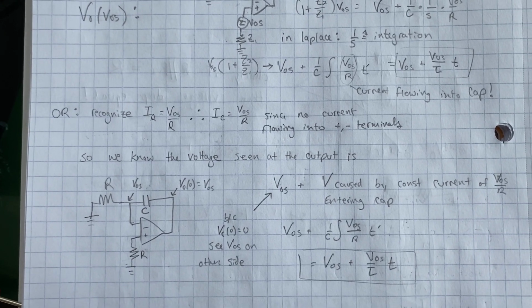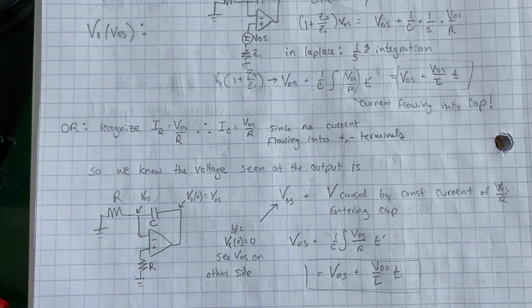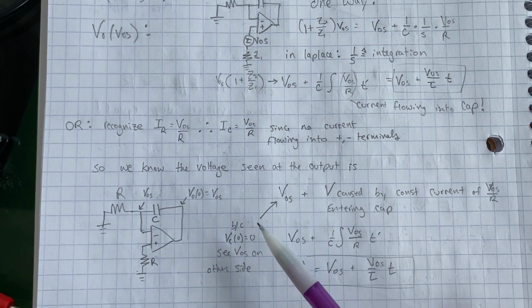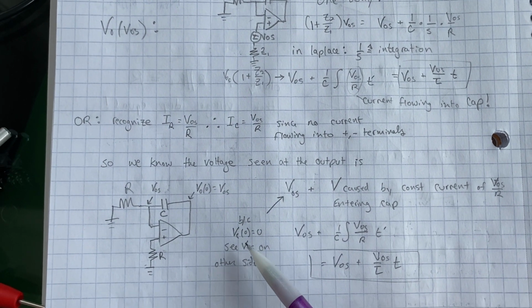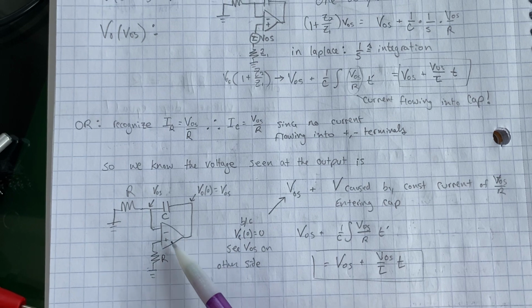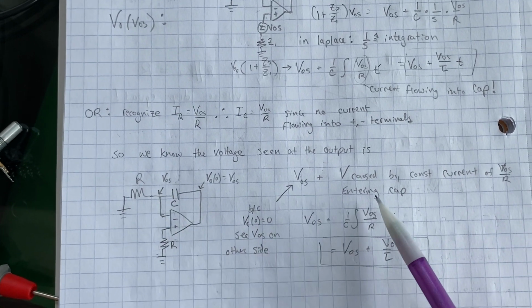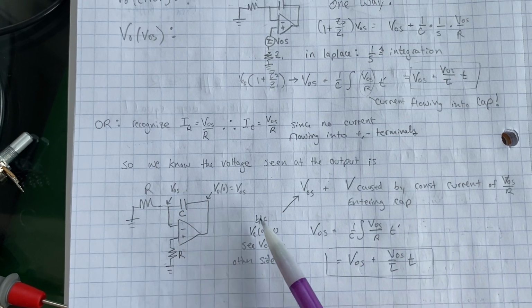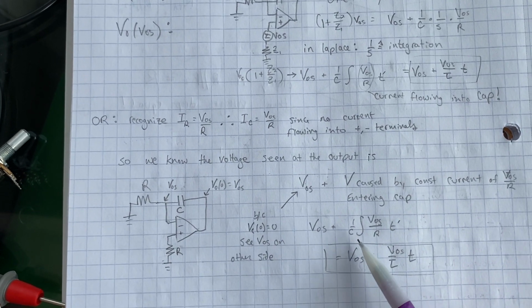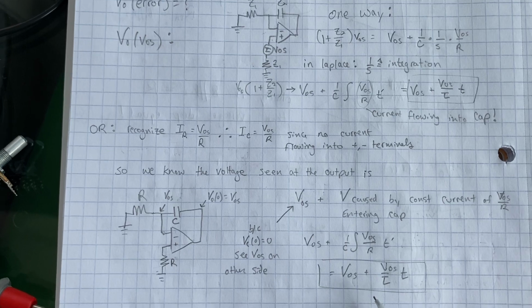And we know the output seen is V offset because initially the voltage across the capacitor is 0. So at that instant, we're going to see V offset, plus the voltage caused by that constant current ramp entering, and you get the same exact thing as before.